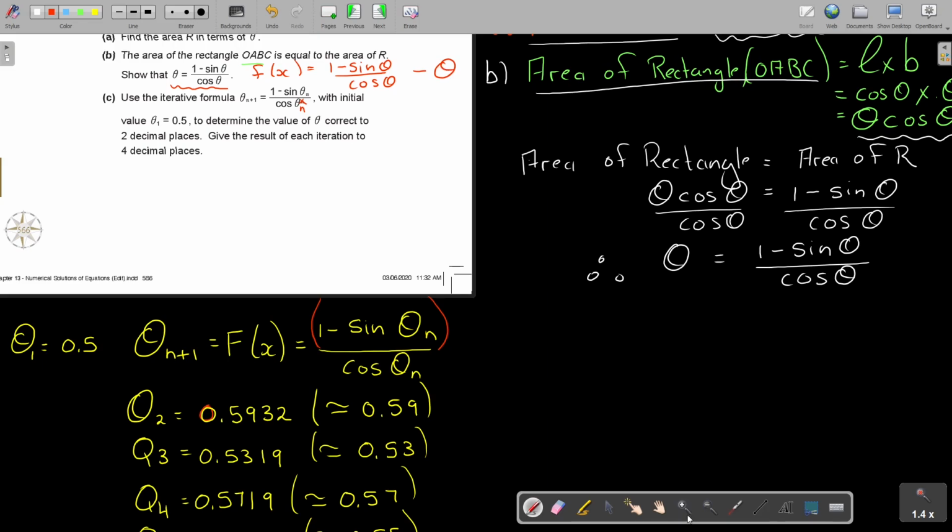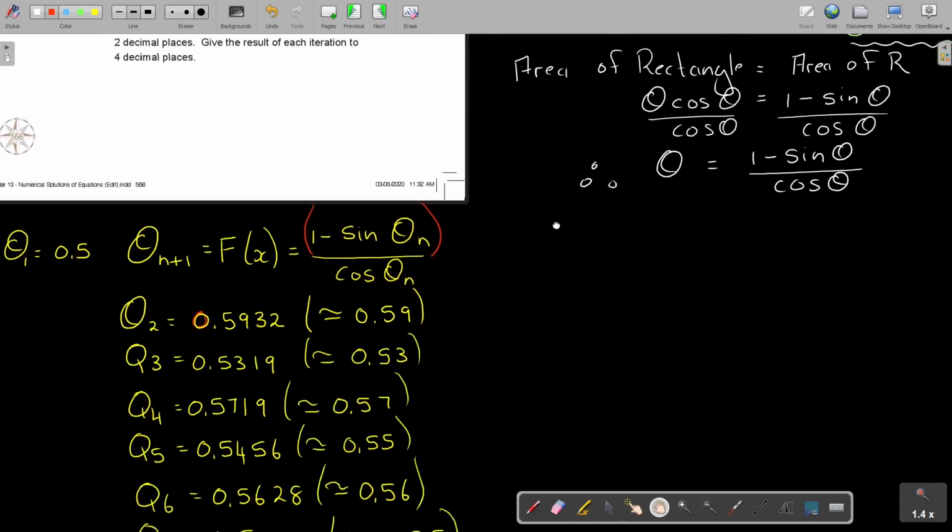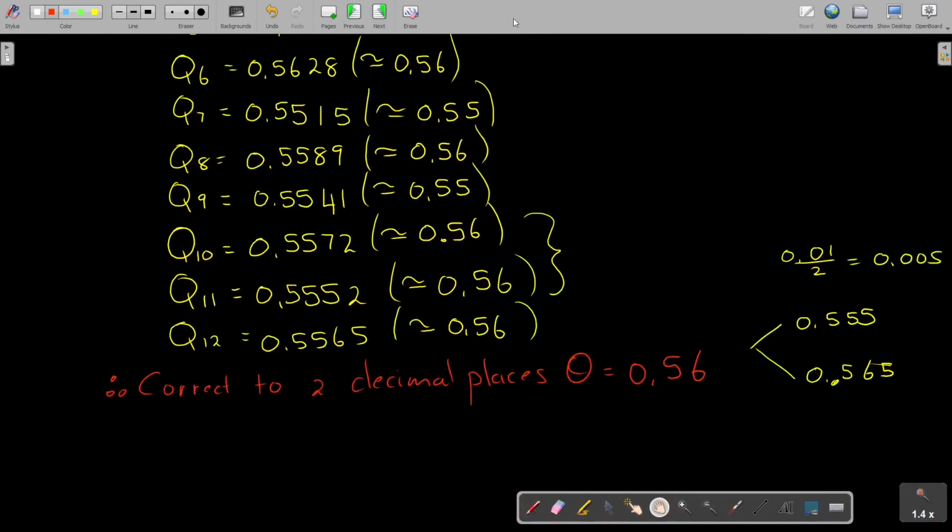Okay, let's go and work at the end. Prove that 0.56 is the root.